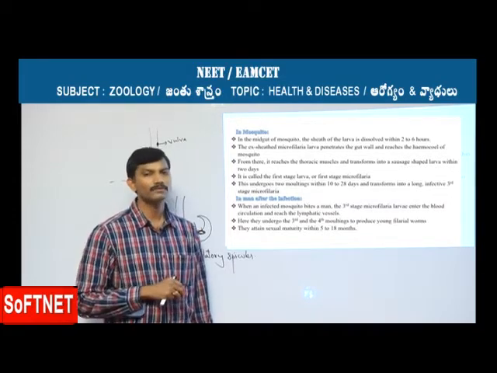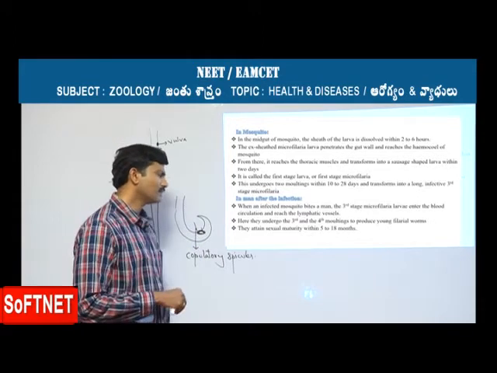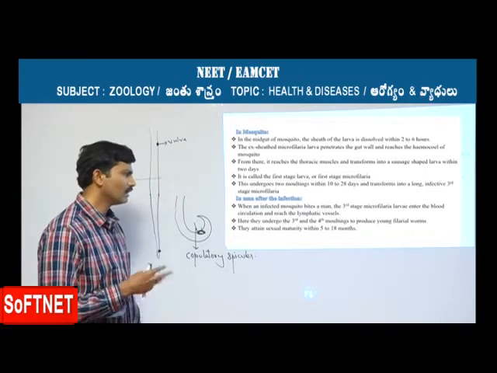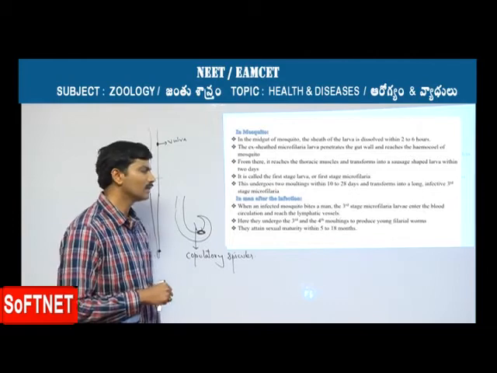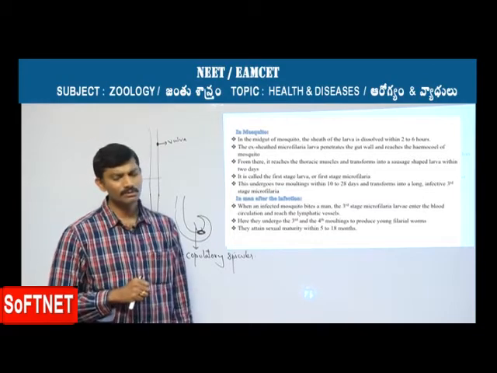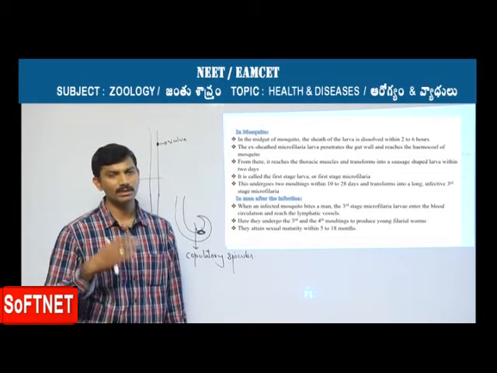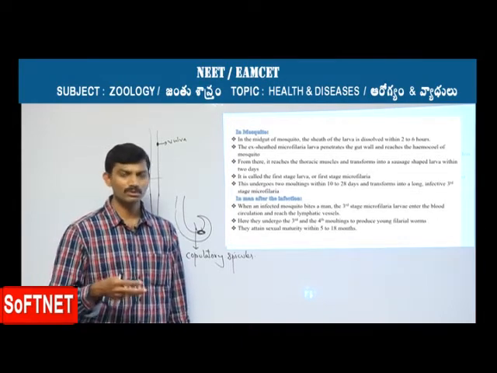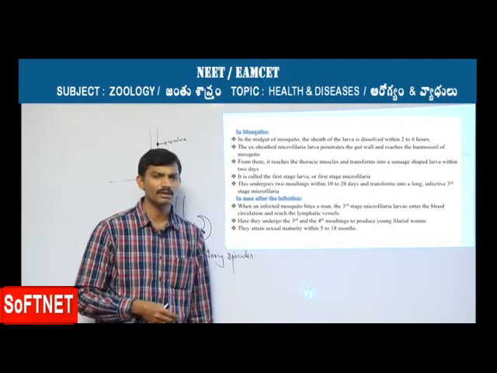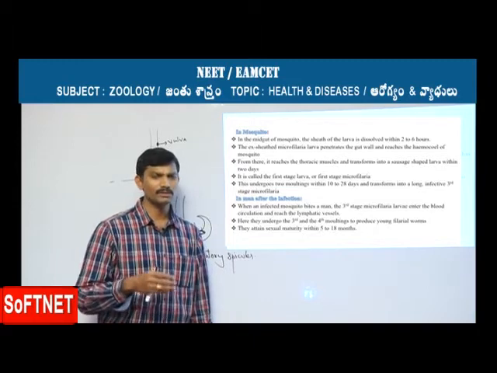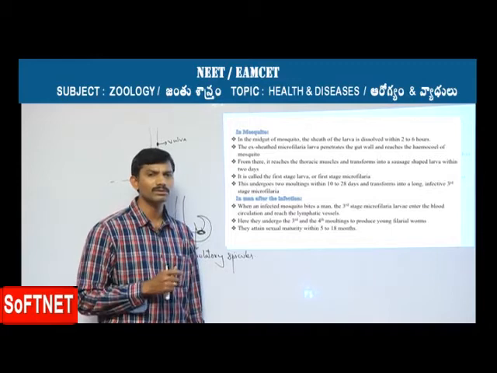The last two occur inside the lymphatic vessels and lymph glands, where they transform into young filarial worms. Within 5 to 18 months they attain sexual maturity and again start copulation and releasing of the eggs. This is the whole life history, and like Ascaris, Wuchereria also undergoes 4 molts.